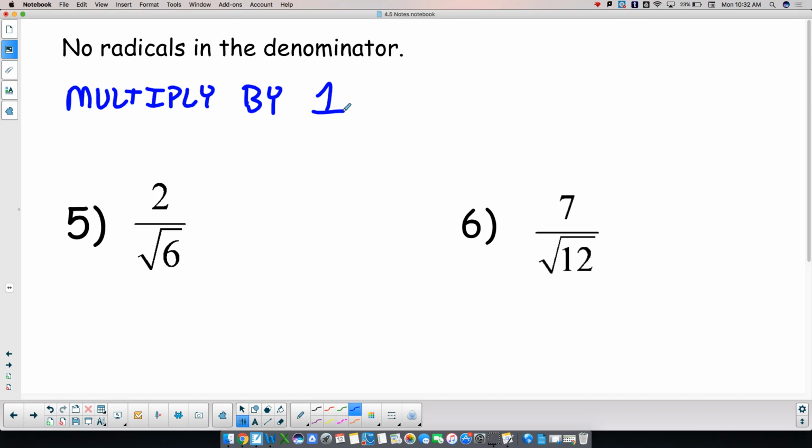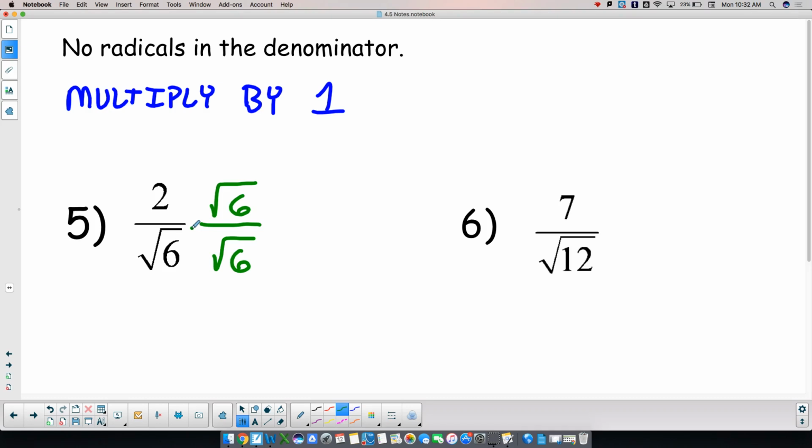Now, 1 will come in different forms. For instance, in this first one, 1 is going to look like the square root of 6 over the square root of 6. The square root of 6 divided by the square root of 6 is 1.